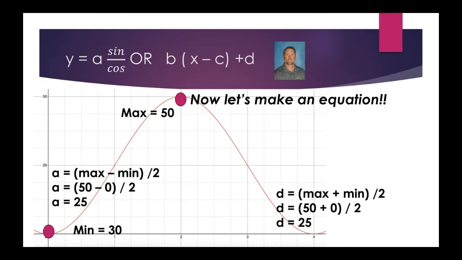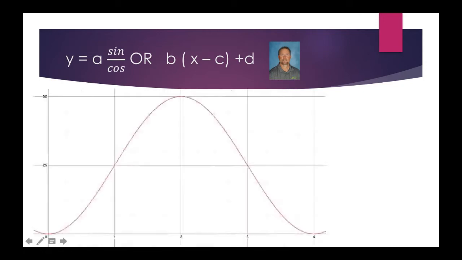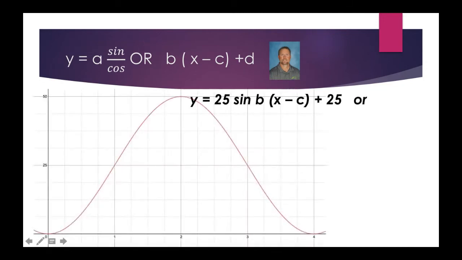Both A and D will be 25 for this. So as we go to the next one, we see there's a 25 for A, there's a 25 for D. Now that's if it's a sine equation. Remember, it could also be a cosine equation. And whether it's a sine or a cosine, it's done exactly the same as far as A and D.